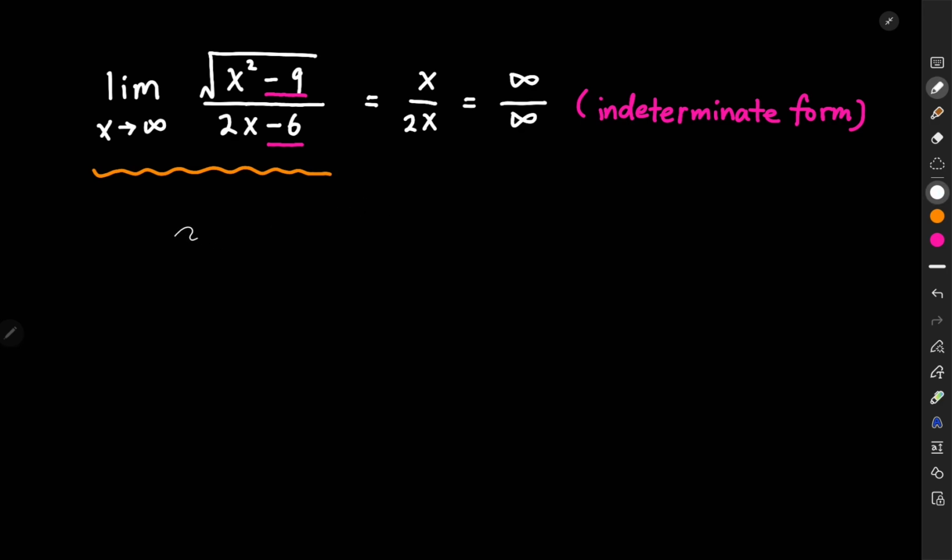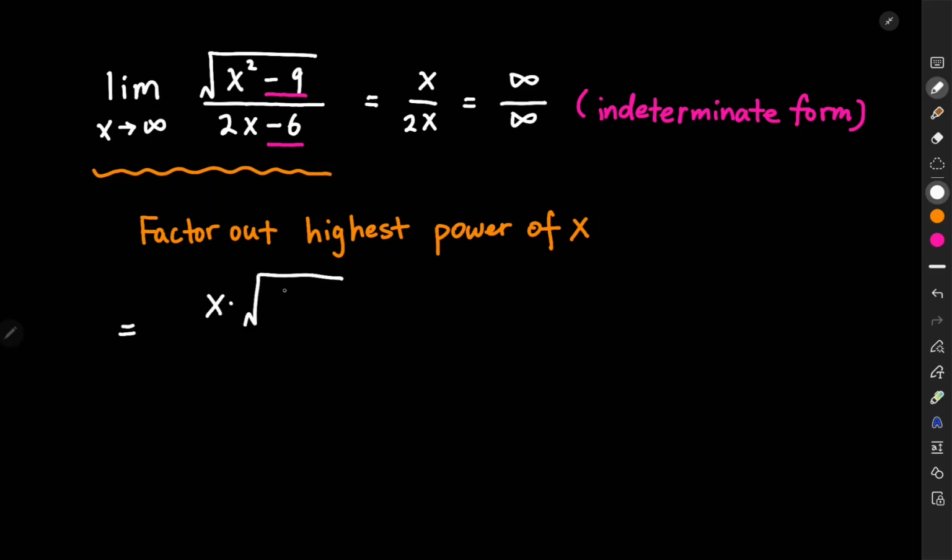And the key here is we want to factor out the highest power of x. So let's rewrite our function a little bit. On the top, we would have x times square root of 1 minus 9 over x squared.